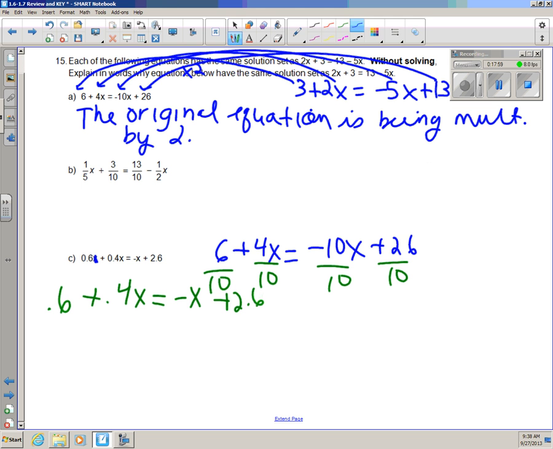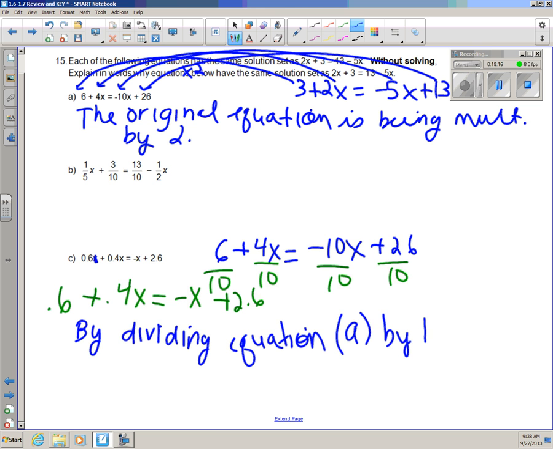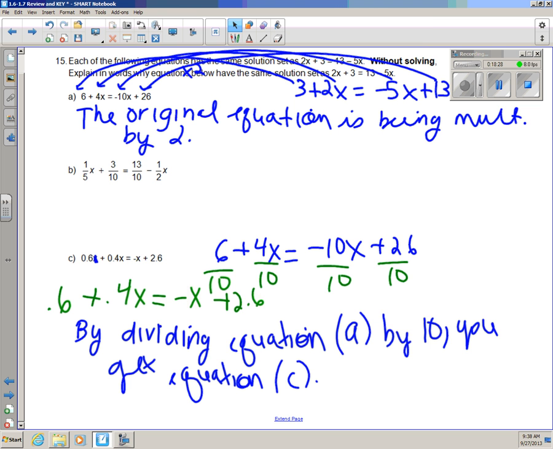So this one works because by dividing equation A by 10, you get equation C. So that means they're all equivalent, and that means C is equivalent to the original.